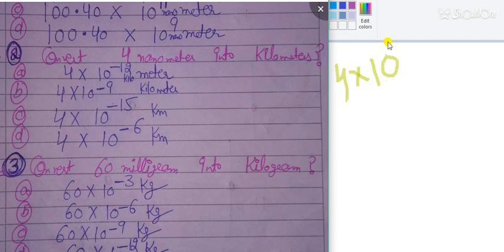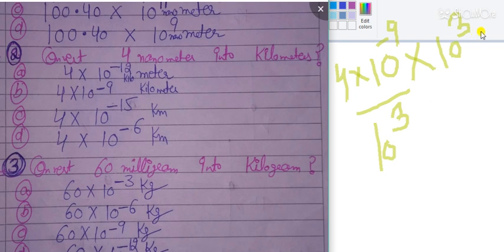Minus 9, because it is 4 nanometer, and we have to convert it into kilometers, so we multiply it with 10 raised to the power 3 and divide it with 10 raised to the power 3. I hope this is clear, because this value should not be changed, so that's why we divide and multiply.